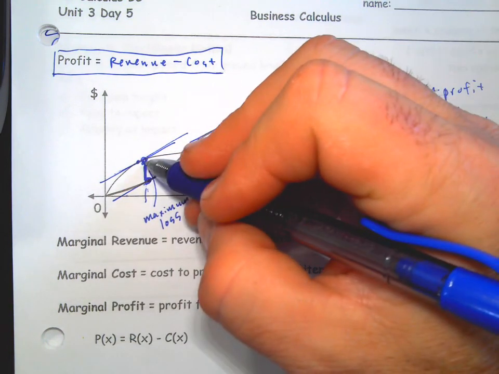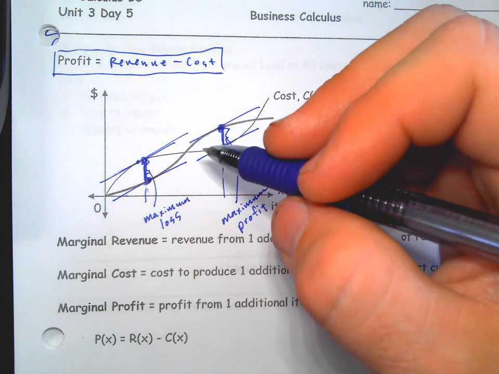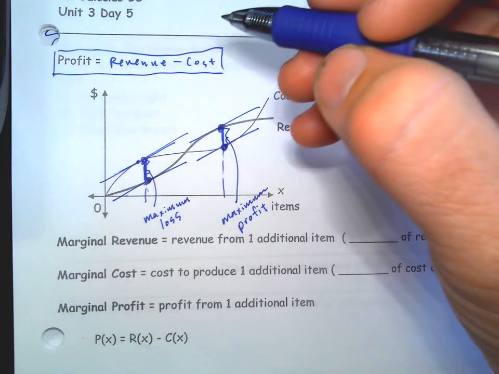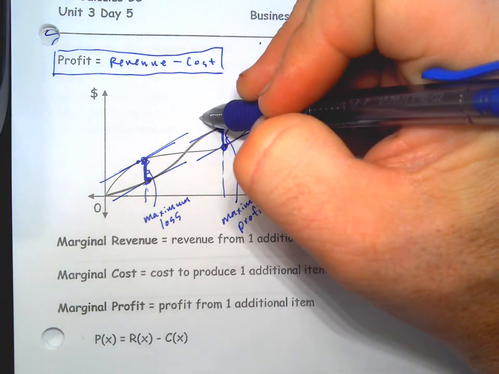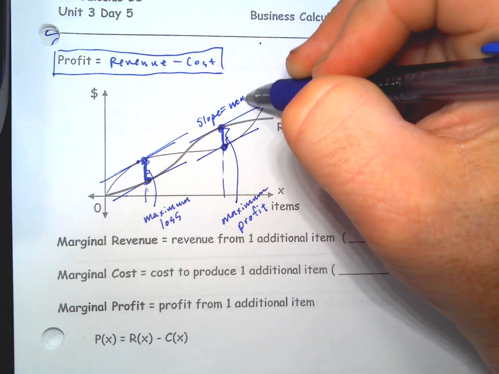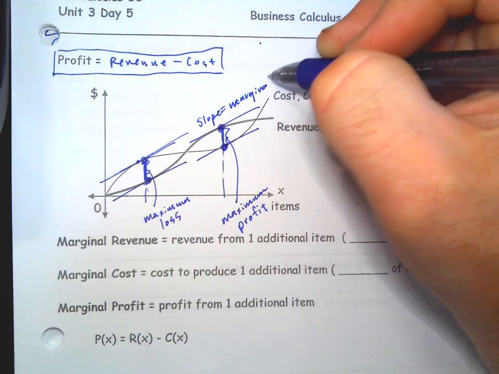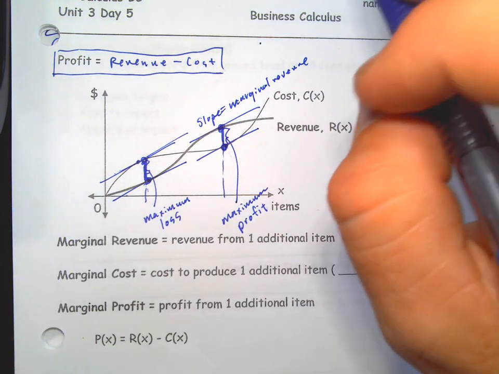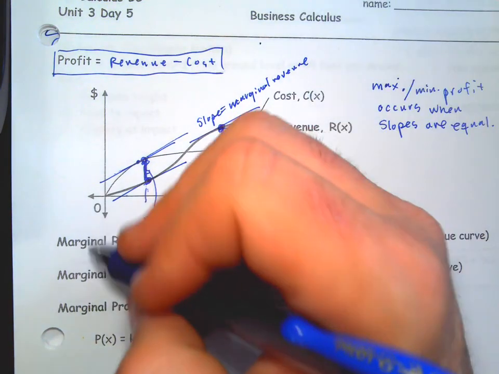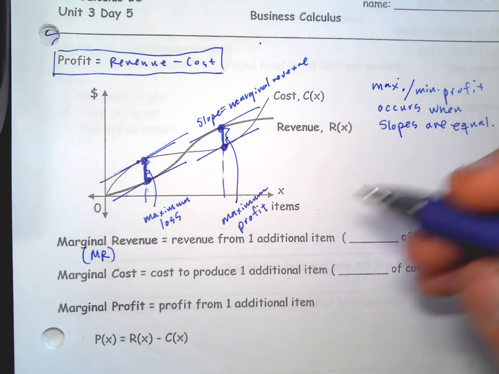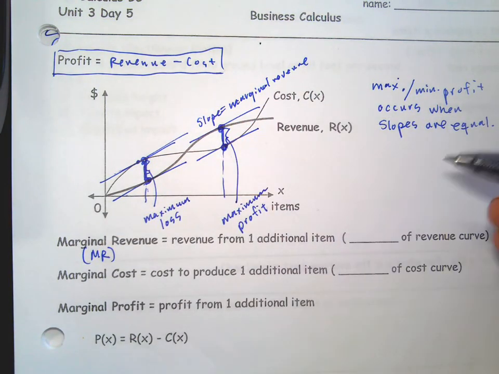Okay. Now the slopes of these, we actually have special names for them. The slope of the revenue curve we call the marginal revenue. And maybe these are terms that you've seen in an econ class. So marginal revenue, or I'll call it MR for short for our notes, is the revenue from one additional item.